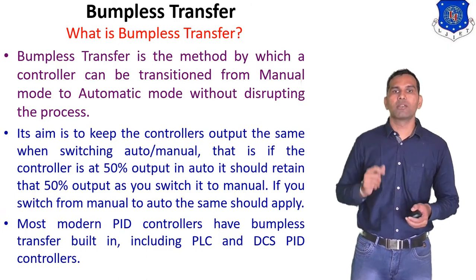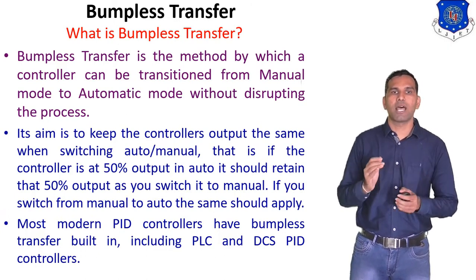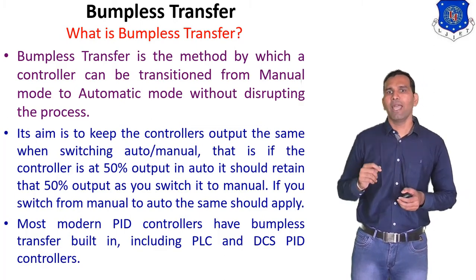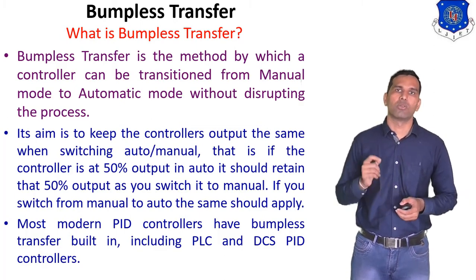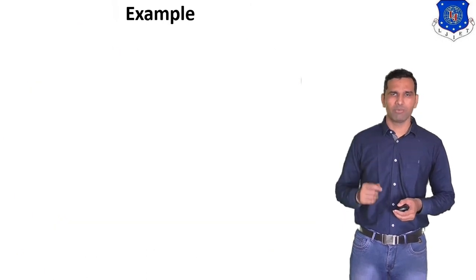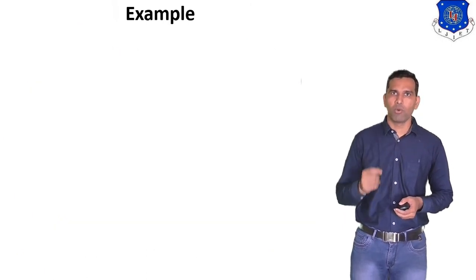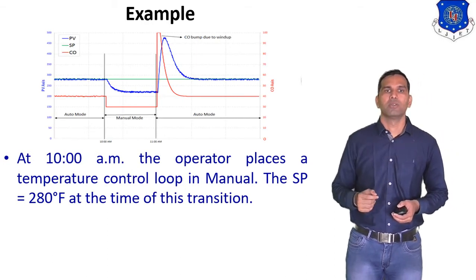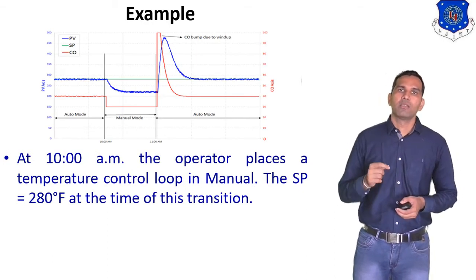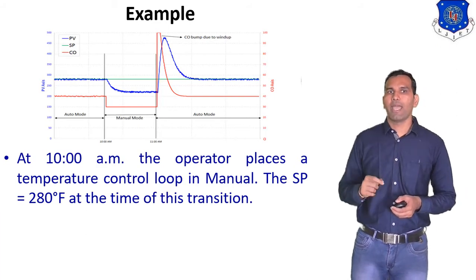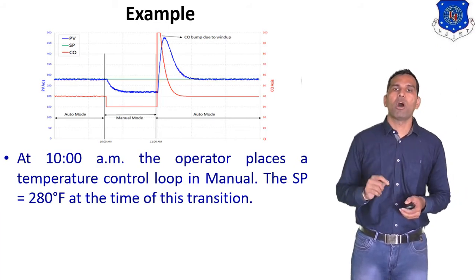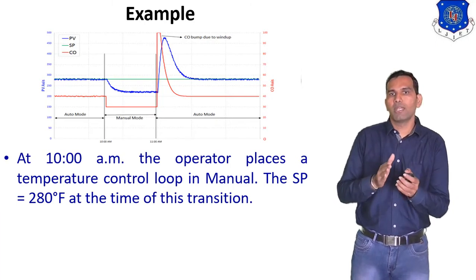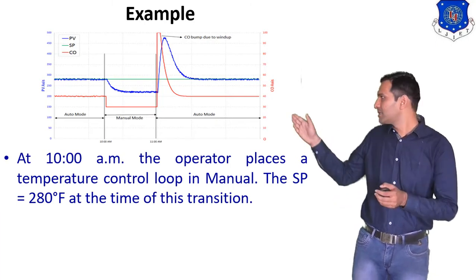Most modern PID controllers have Bumpless Transfer built in, including PLC and DCS PID controllers. So we discuss Bumpless Transfer in more detail using this example. In this figure you can see that at 10 AM the operator placed a temperature controller loop in manual. This is the first line.